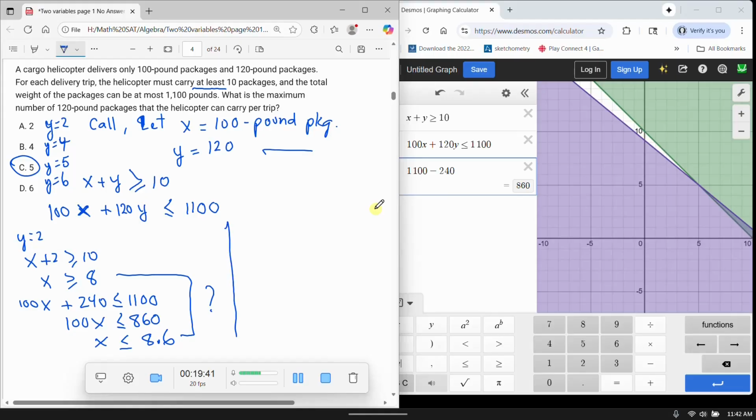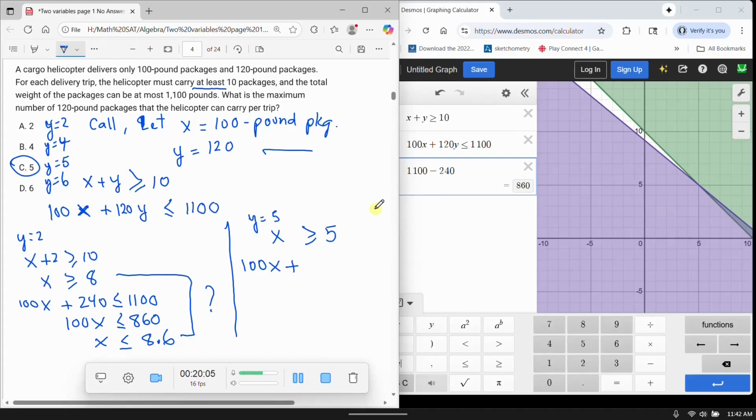Similarly, x has to be greater than 5. Then 100x plus 120 times 5, which is 600.